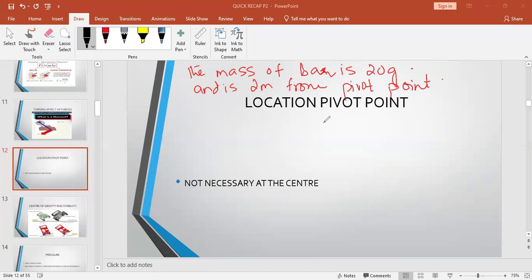The mass of the bar is, for suppose, 20 gram and it is 2 meters from the pivot point. Let's say this is the figure. First of all, they are saying the mass of the bar.